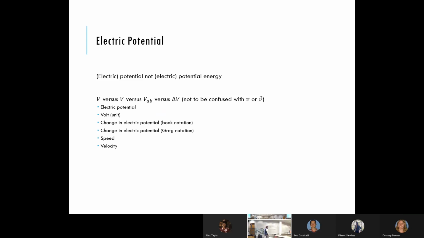When in doubt, step back and ask yourself, which V am I thinking of here? And in particular, usually the one that I think is probably the most often confused is the electric potential versus the change in the electric potential. So just be careful.